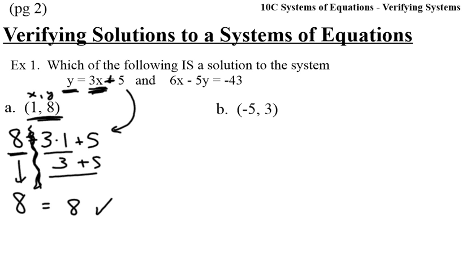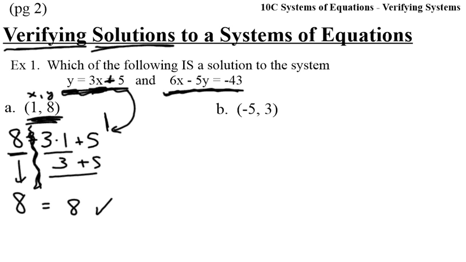Does that mean 1, 8 is the solution? Well, it doesn't mean yet it's the solution, because this 1, 8 has to work for both equations. Whenever we're doing a verification of a solution, you have to make sure you're verifying in both or all equations.